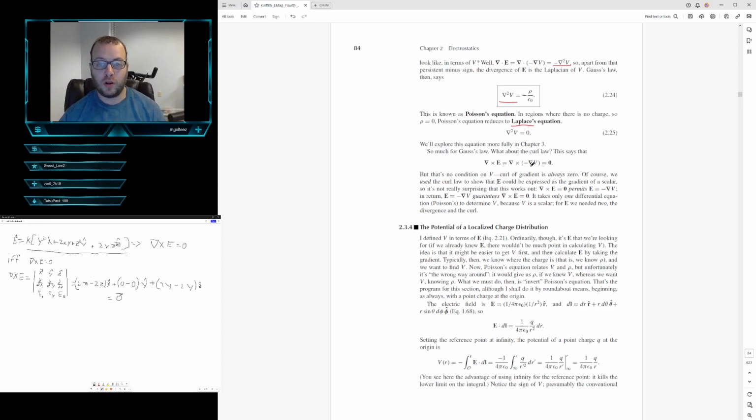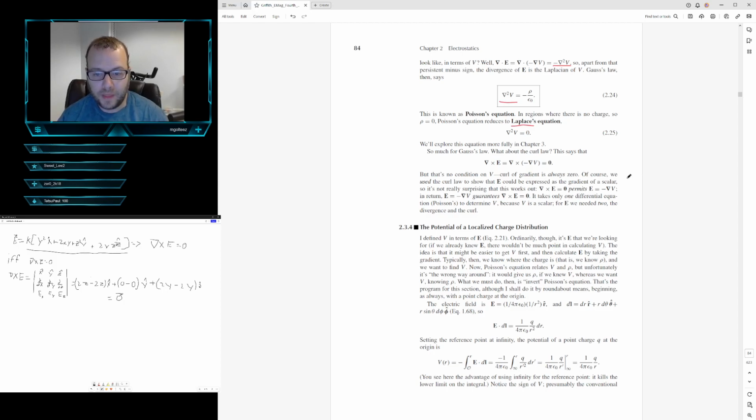Next is the curl of a gradient, which is 0. This isn't surprising because the curl of a gradient is always 0. We actually used that idea to define the solution.